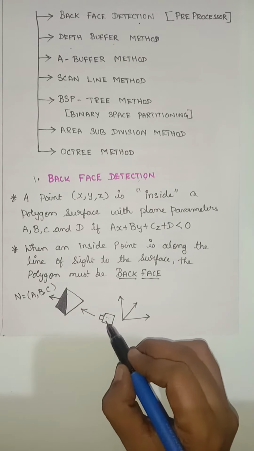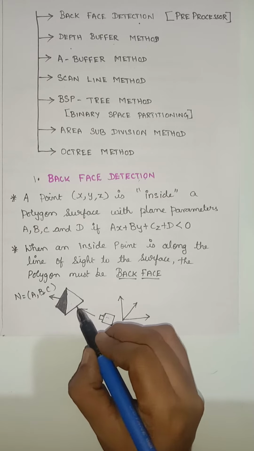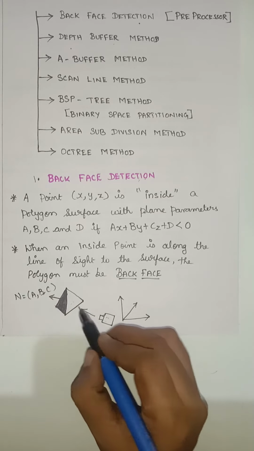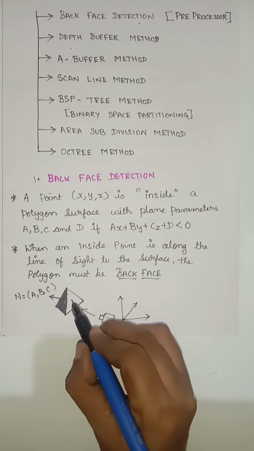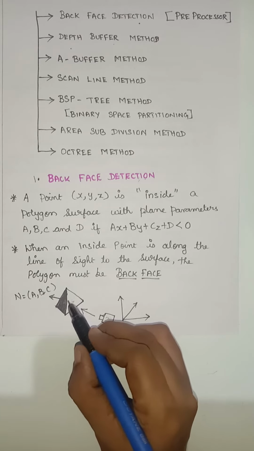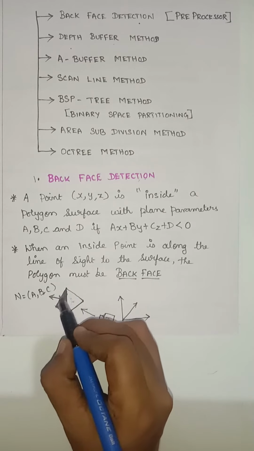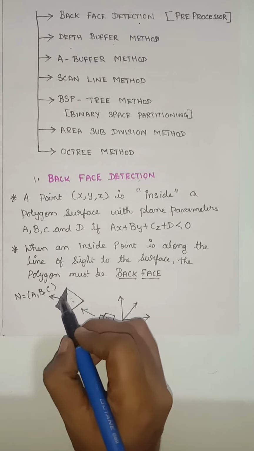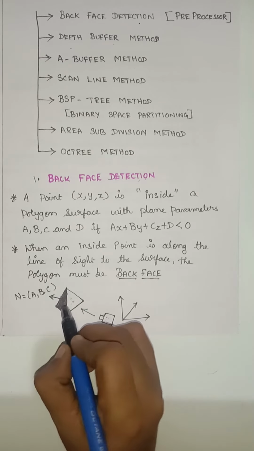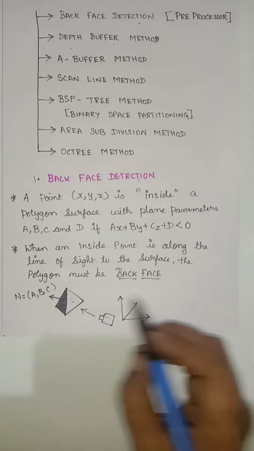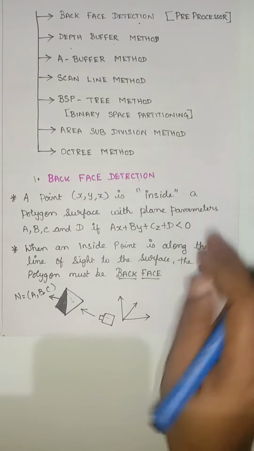If my camera is viewing an object from this side, the plane normal to the view plane that faces away, the backside portion, is called the back face, and it is detected and should be eliminated. So this is what is called back face detection.